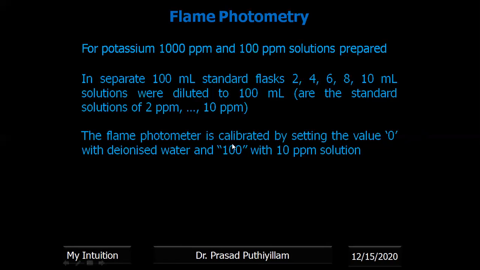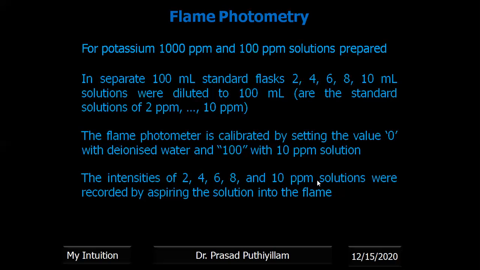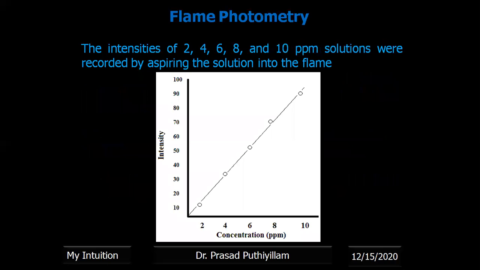So if you set 0 and 100, the remaining 2, 4, 6, 8 intensity readings, if you prepare the samples accurately, should come between those of 0 and the 10 ppm solution. Therefore, we can draw a calibration plot with the intensity values of the standard solutions that we prepared. We will get a graph passing through the origin, that is, passing through 0.